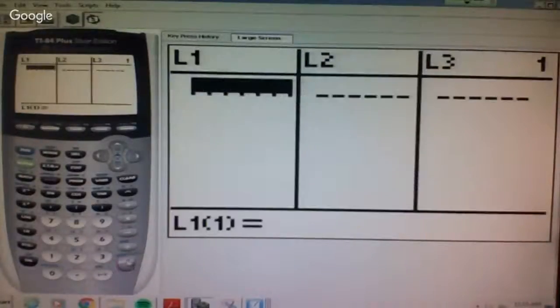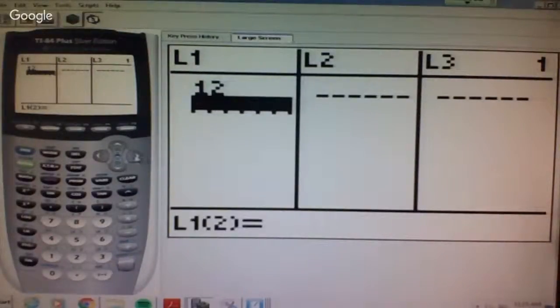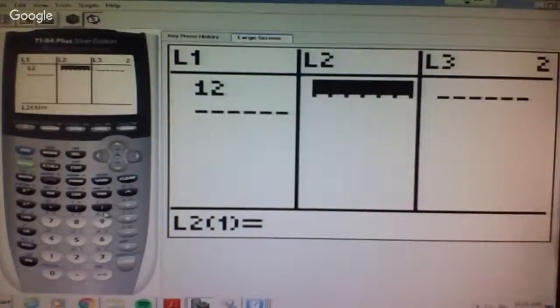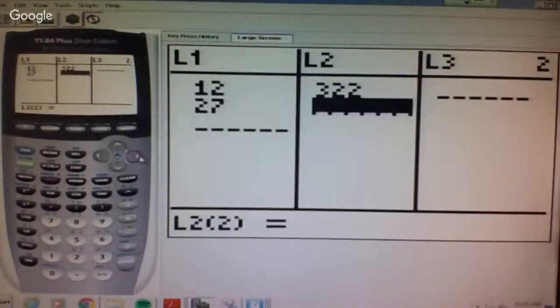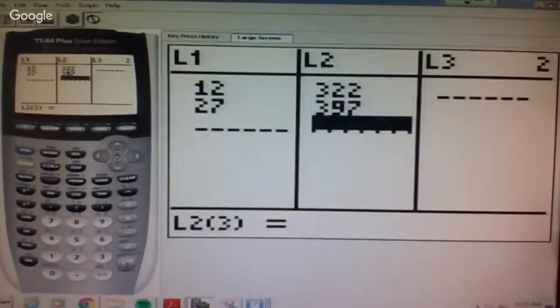All right. So part A says P sub 12. So that means my X value is 12. And my Y value is 322. P sub 27 means my X value is 27. And my Y value is 397. Again, it tells you it's linear growth.